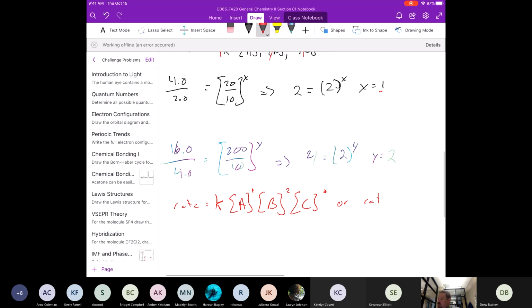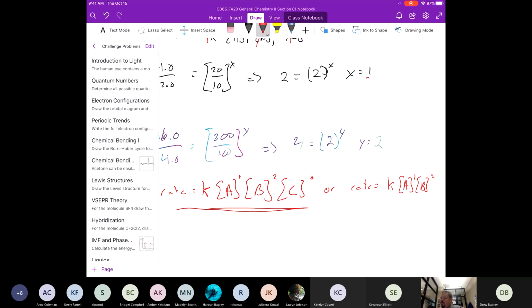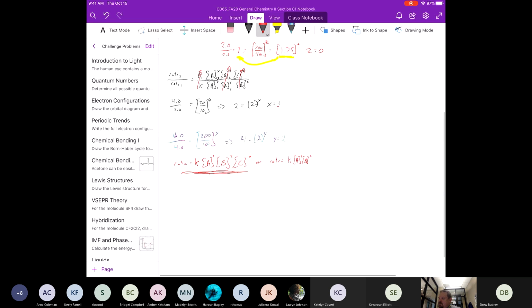Or we can just write it as rate is equal to lowercase k, A to the first, B to the second, ignoring C. I will always include it this way because I want to make sure that it's still there, that I take into account that it's 0 and that I didn't forget it. So you will always see me do this, but I will accept the other one. Okay, so that's the first part.